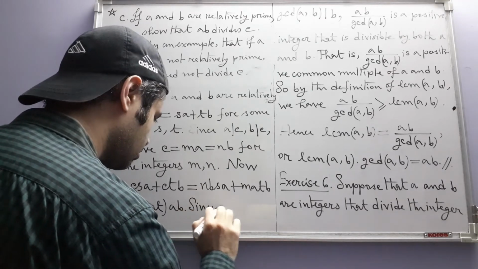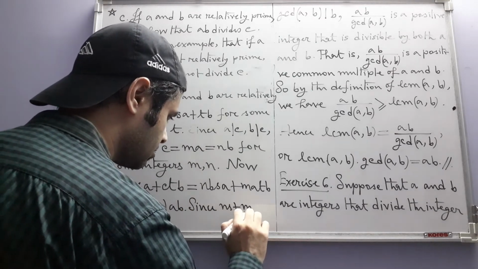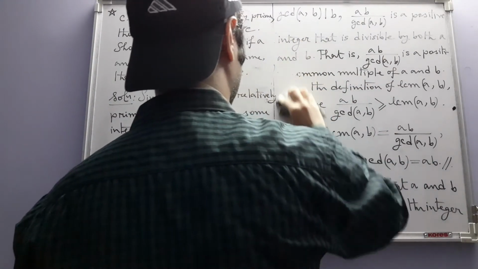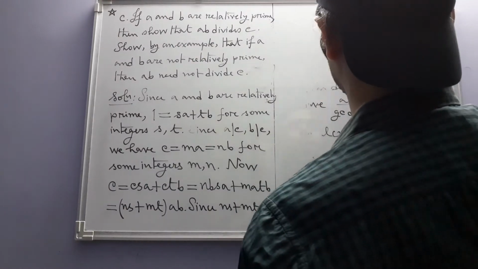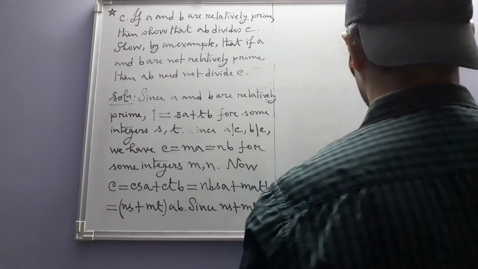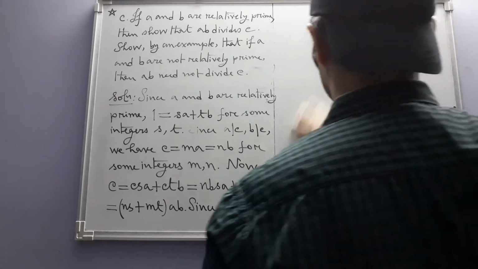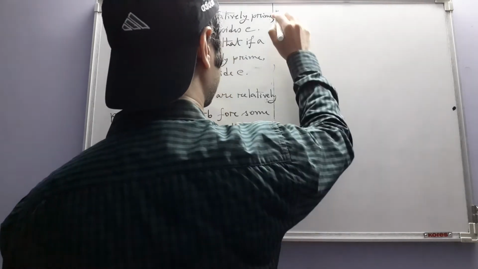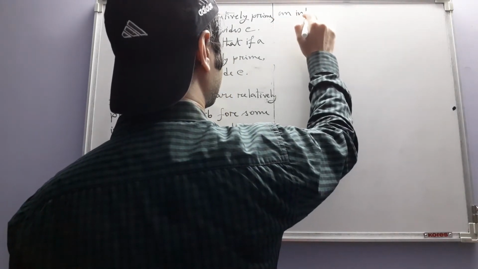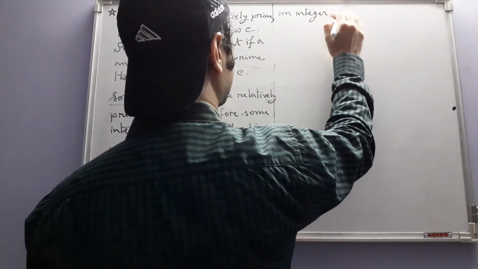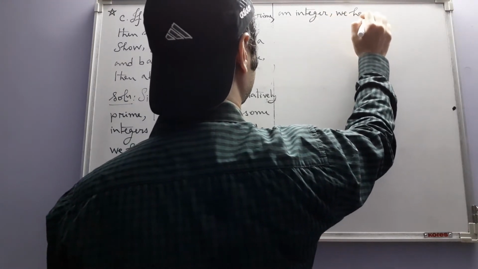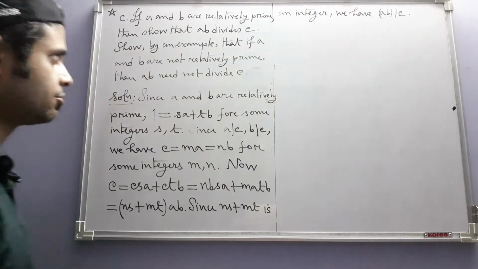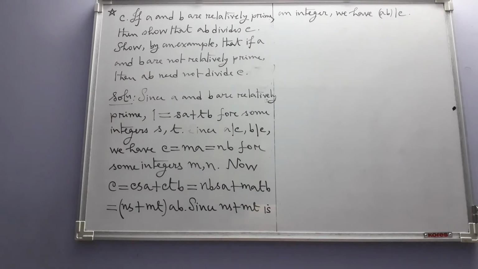Since NS plus MT is an integer, we have the fact that AB divides C, and that's what we had to show.